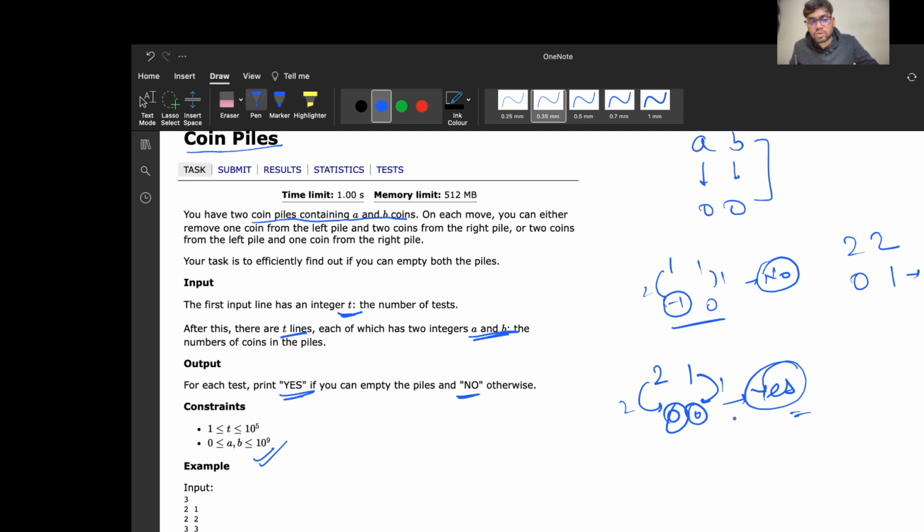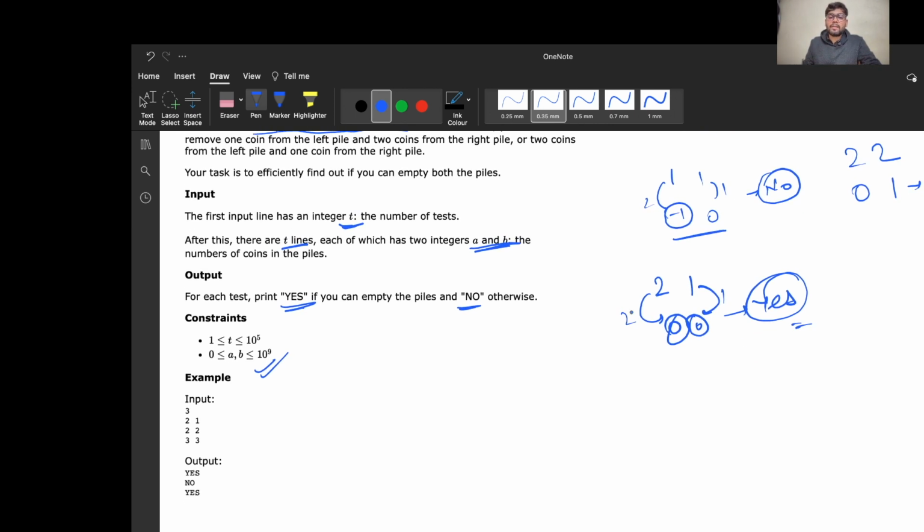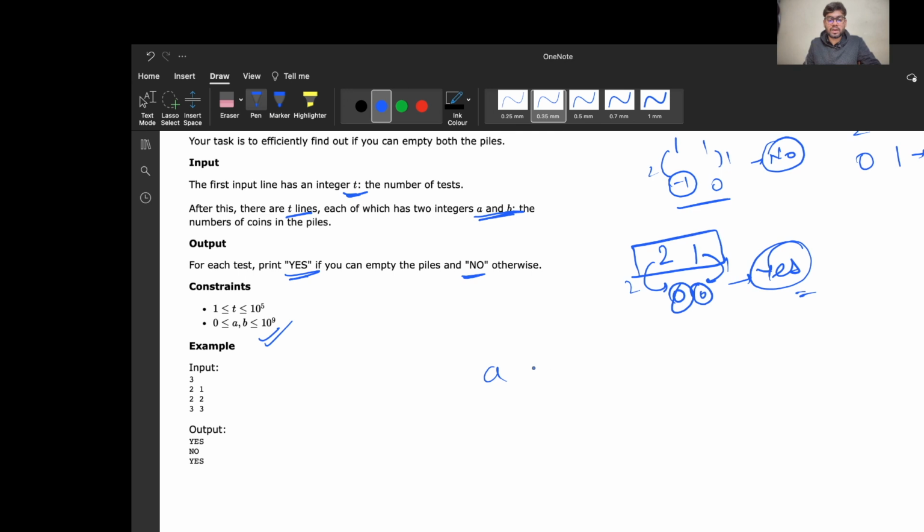So how can we find out if this is valid or not? My first target is to see whether I can somehow balance these piles. Let's say A and B are given, and A is greater than B. Now if I subtract 1 from B, then I have to subtract 2 from A, and so on. If I subtract 2, then I have to subtract 2 into 2, that is 4, and so on.